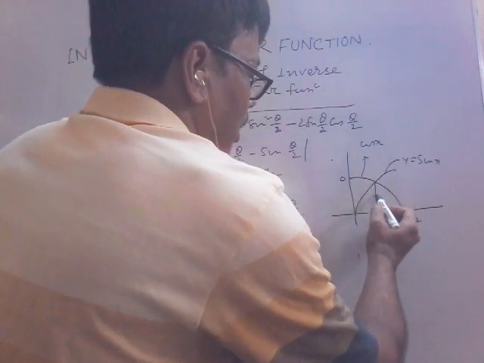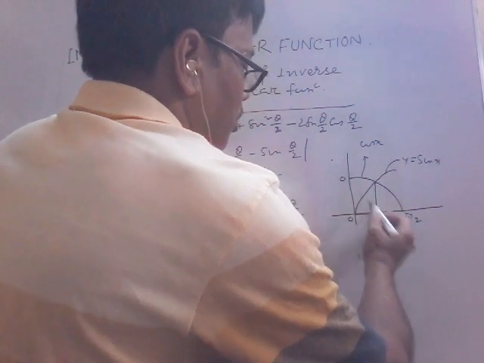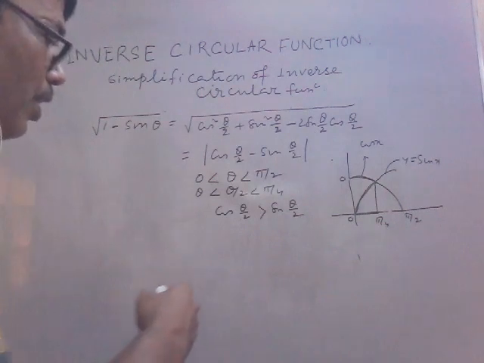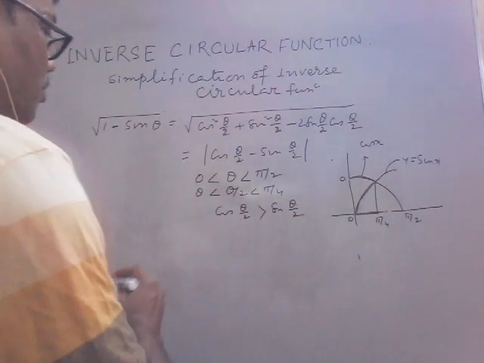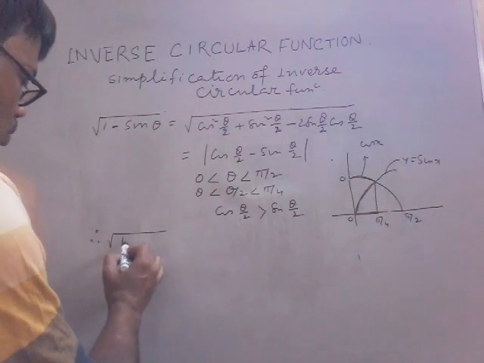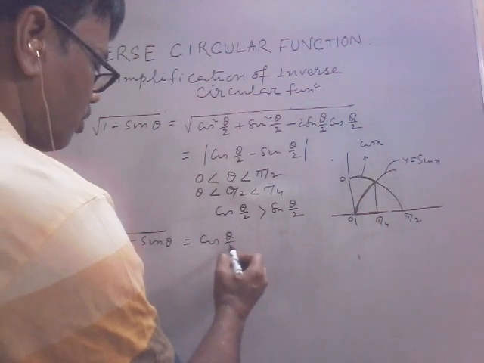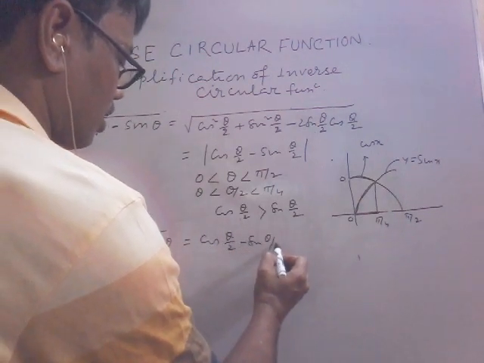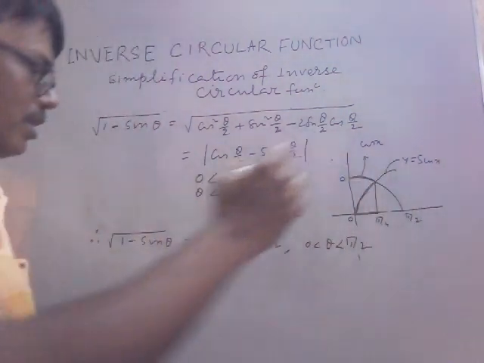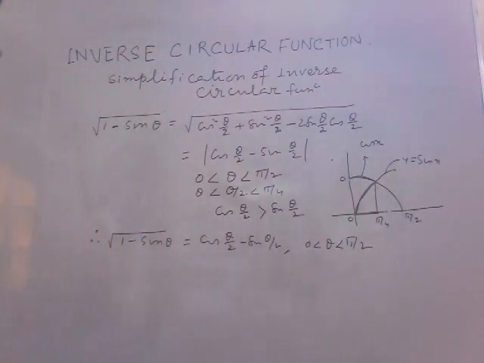So they meet at pi by 4. So in 0 to pi by 4, cos theta by 2 is greater than sine theta by 2. So this one is positive. Therefore, root over 1 minus sin theta equals to cos theta by 2 minus sin theta by 2 if theta belongs to first quadrant.